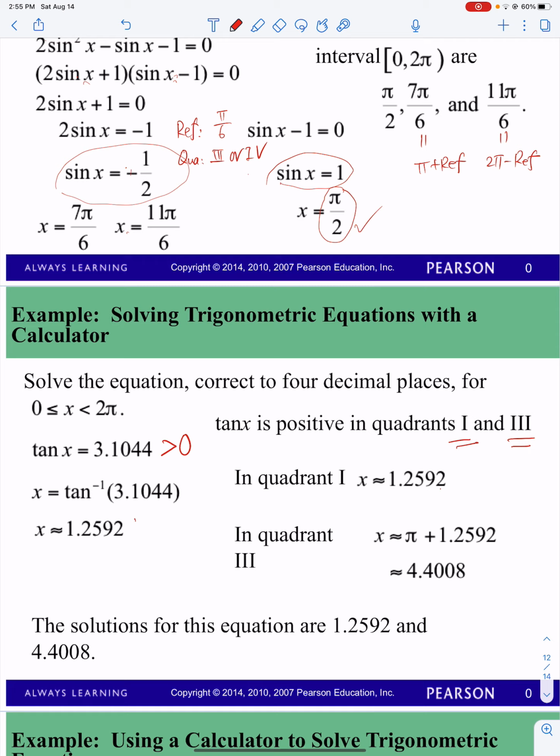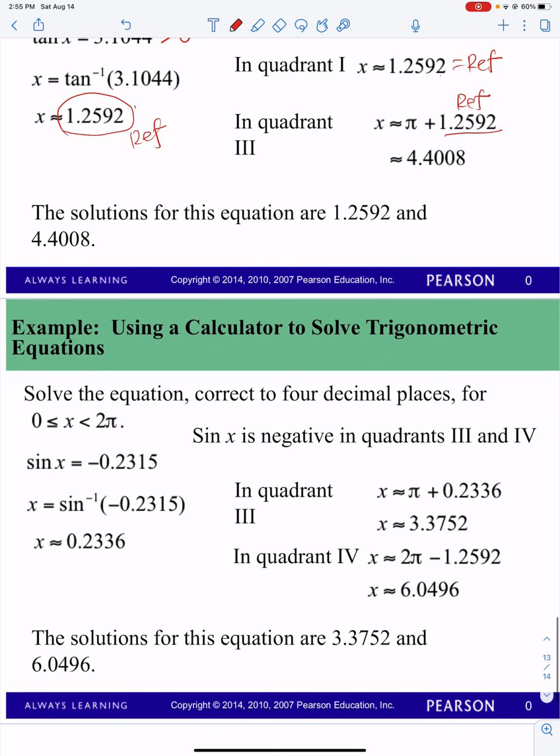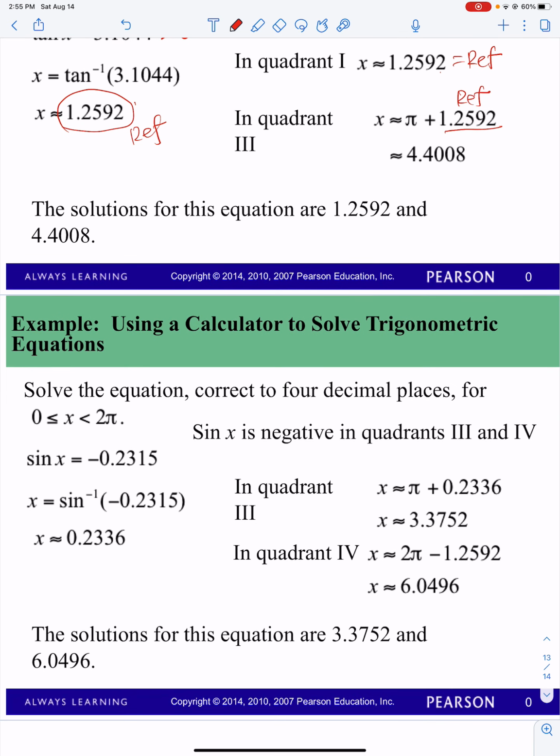In quadrant 1, it is the reference angle. In quadrant 3, it is pi plus the reference angle. This is your reference, yeah? So this is what you have here.